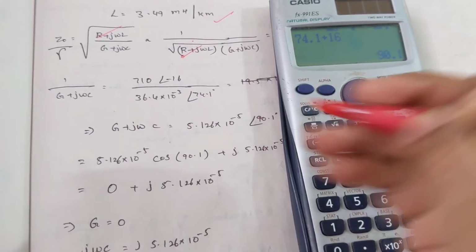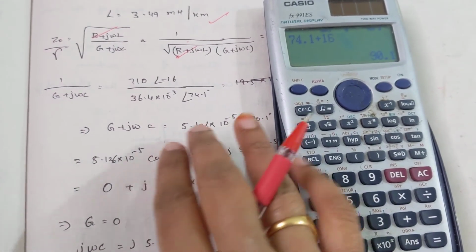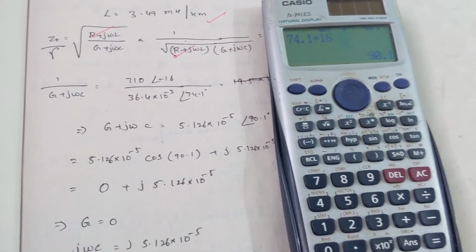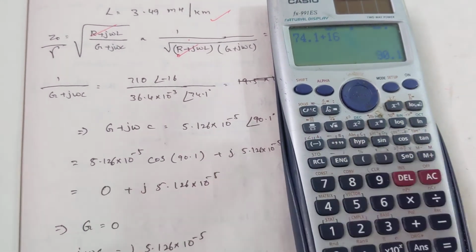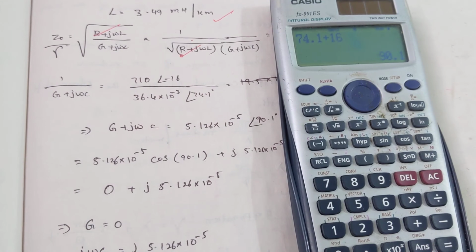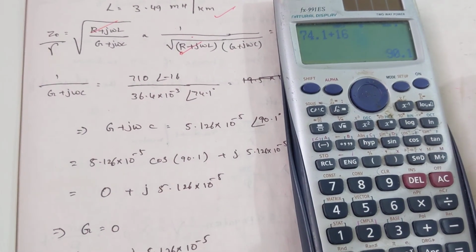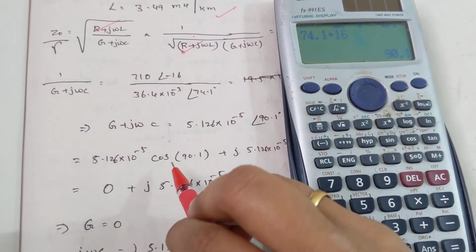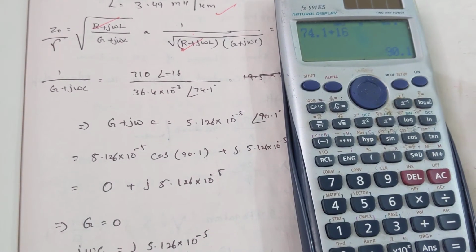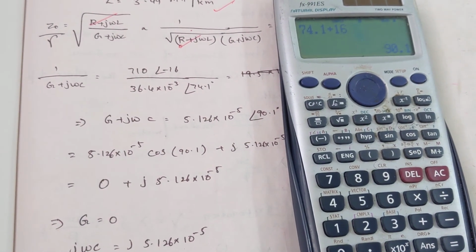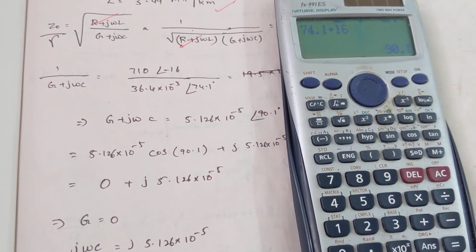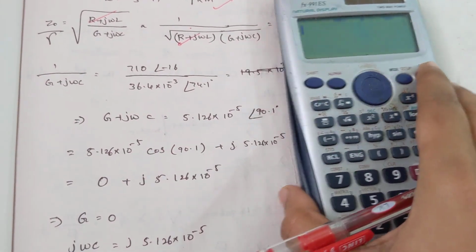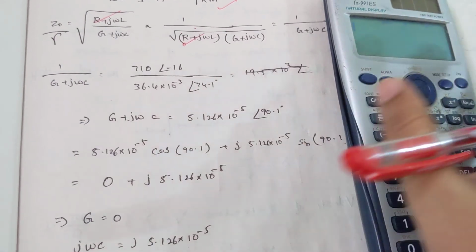Now again the same process, we convert this into rectangular format. For the real value we go for the cos term, and for the imaginary value we go for the sin term. Cos 90 is approximately 0, since 90.1 is nearly 90, and sin 90 equals 1.